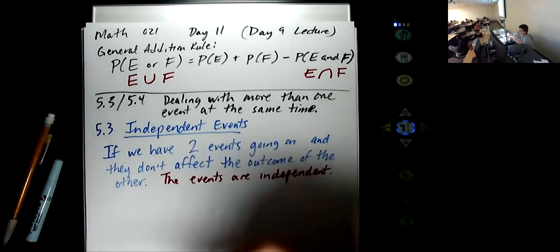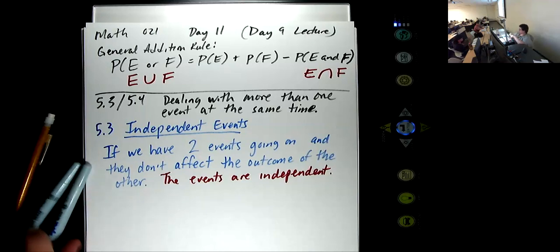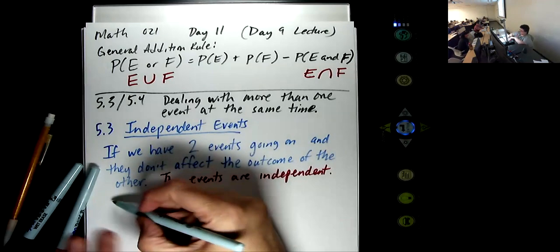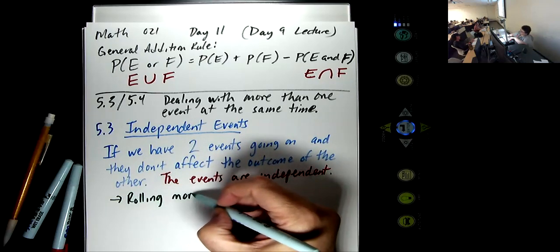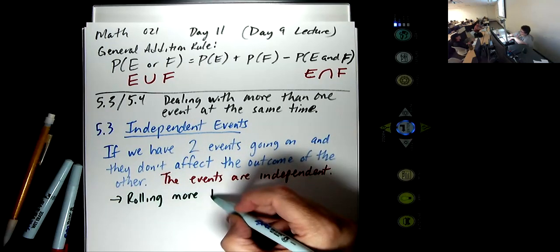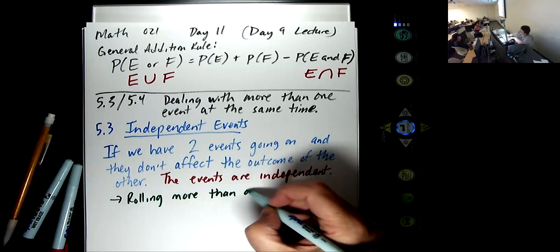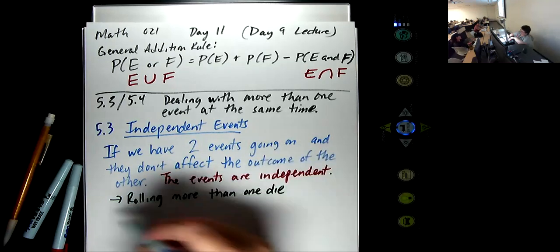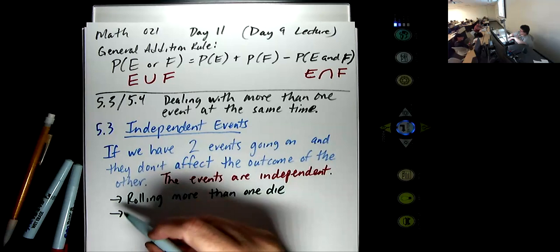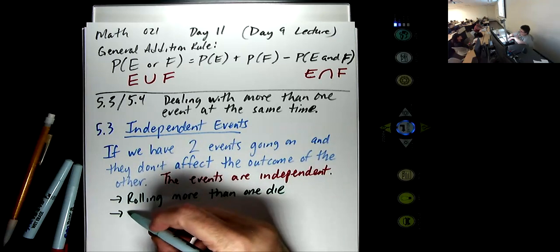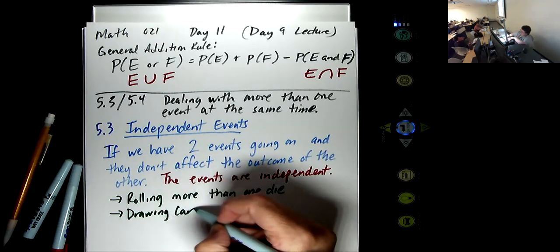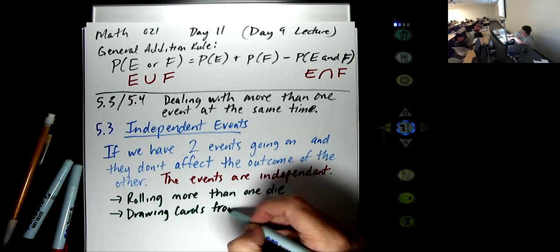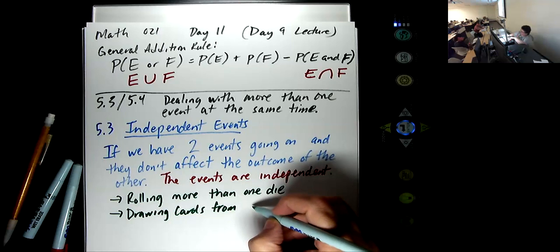Examples of this are like rolling more than one die, or drawing cards from a deck but replacing them after each single card is drawn.